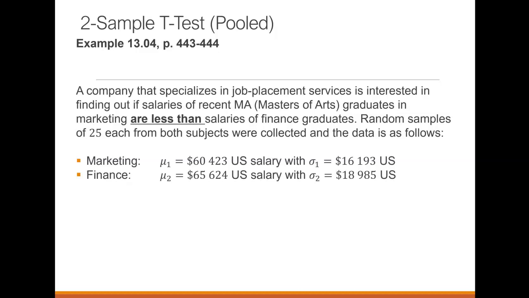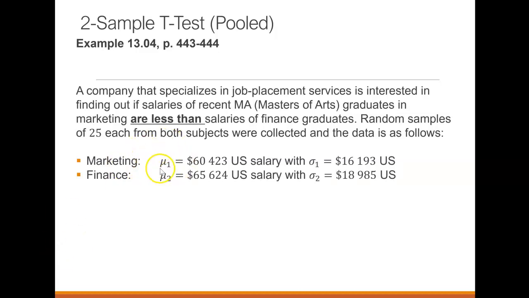In IB Mathematics, you'll always be doing the pooled version of the two-sample t-test. There's an unpooled version also. You're not responsible for knowing how to do that or how to set that up. They'll always be pooled. And remember, the pooled has to do with the variance of the two populations you're sampling here. If we're pooled, we're assuming they're equal variance.